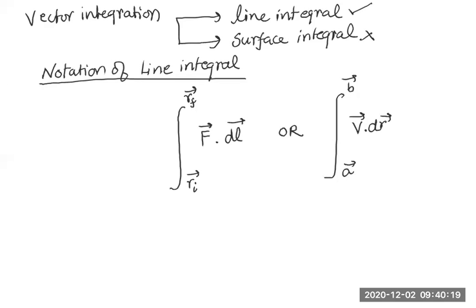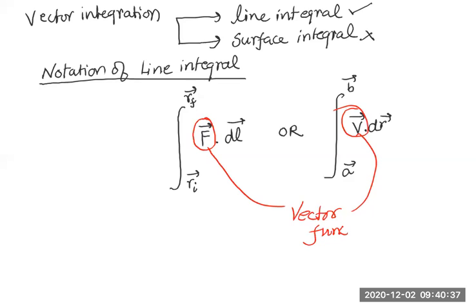So I have written the notation of the line integral, and I now want to discuss the individual terms. This guy, or these two guys, is called a vector function. What is a vector function? I will tell you in a moment.